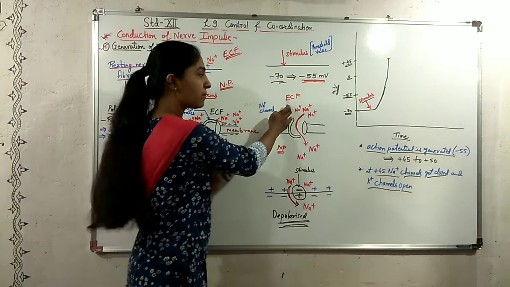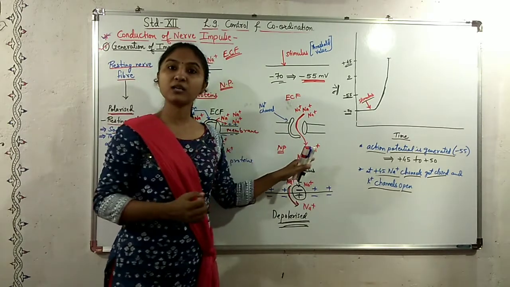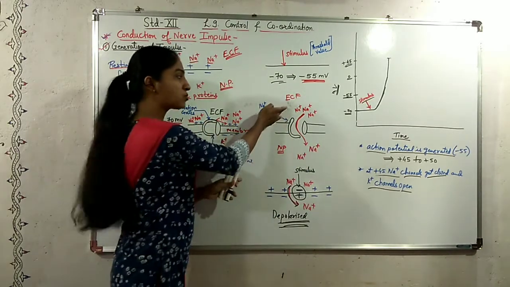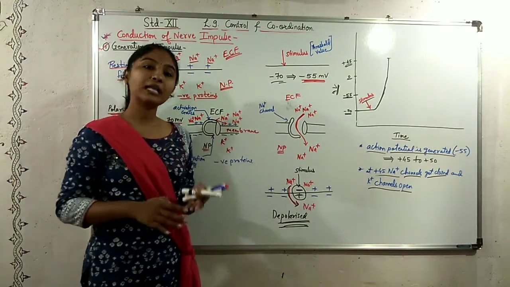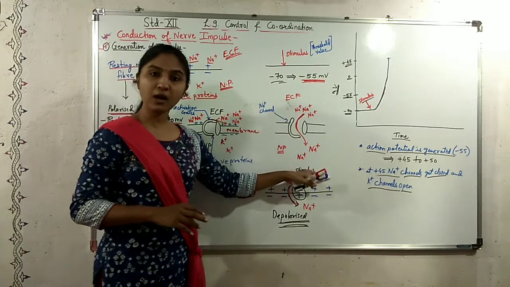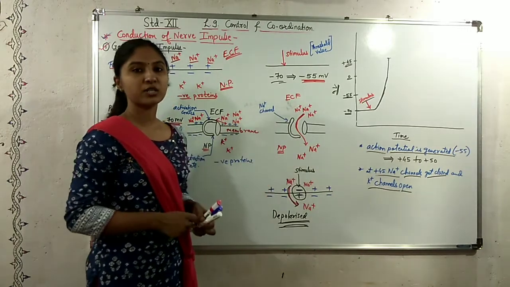Now these sodium ions enter inside the neuroplasm because of the gradient, because outside it was positive charge and inside it was negative charge. To balance these, the sodium ions come in because of the concentration gradient.